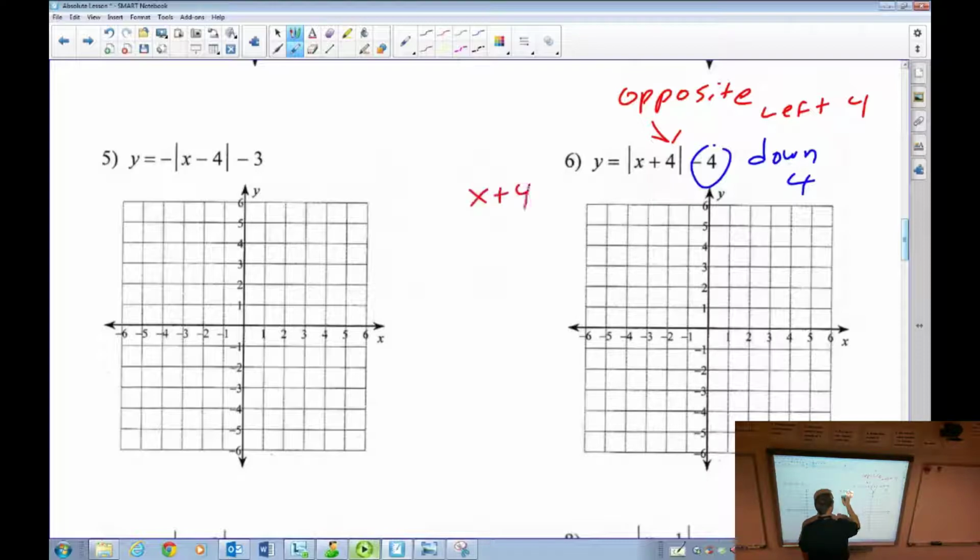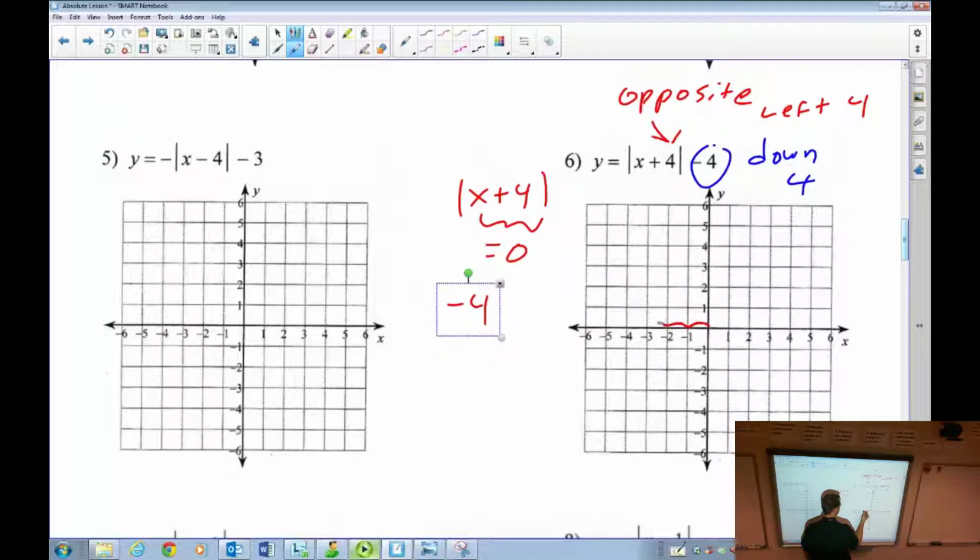X plus 4, absolute value. What value is going to make the whole thing equal to 0? That'd be the x-intercept. So a -4 is going to make that 0. And so since that -4 is going to make that 0, that means that we go left.